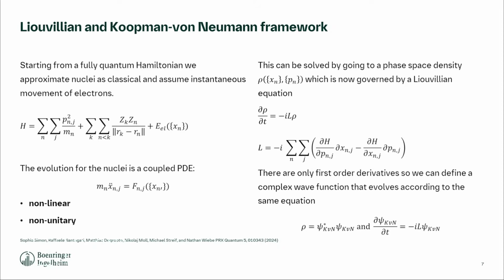There's another trick that we try to leverage here, because this rho is a density, but it's a classical density, so it doesn't have any negative off-diagonal elements. So you can make the Koopman-von Neumann trick, and you can go to basically the square root of this density. And this now looks fully like the evolution of a wave function under a Hamiltonian, and that's then the thing that we will simulate.